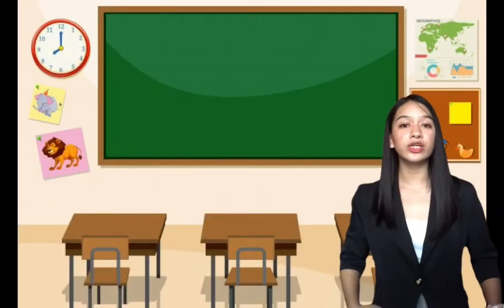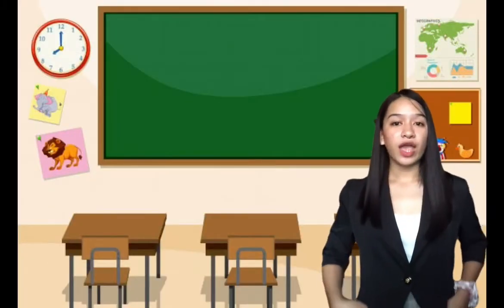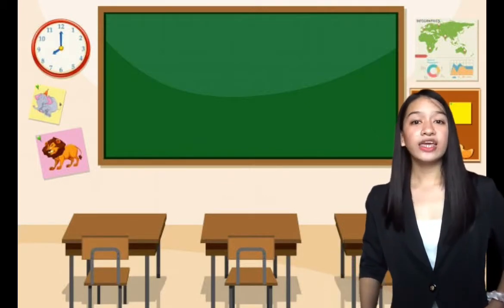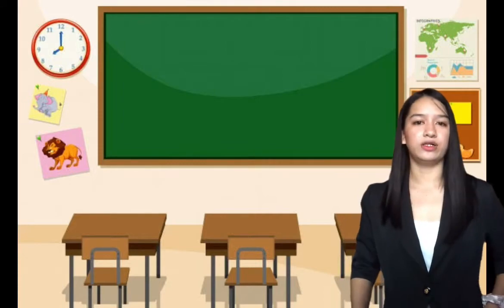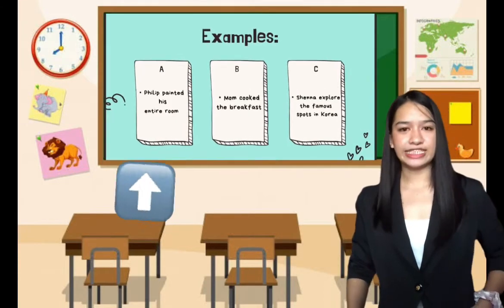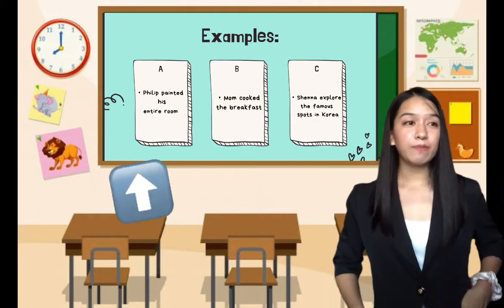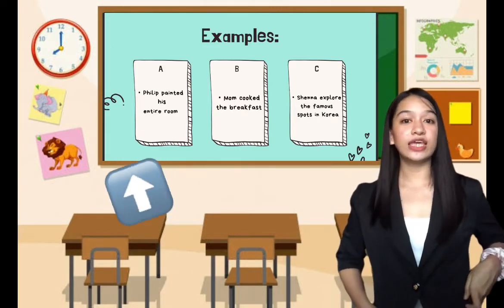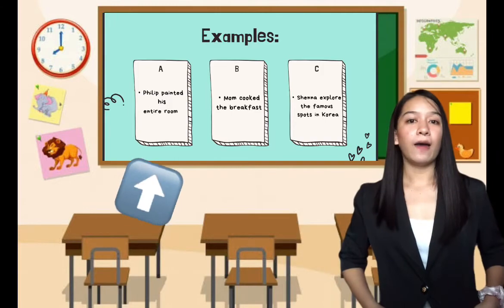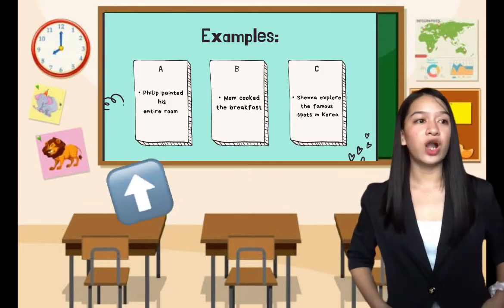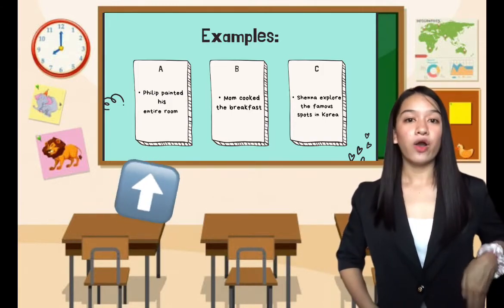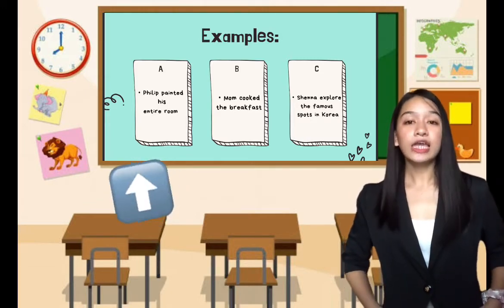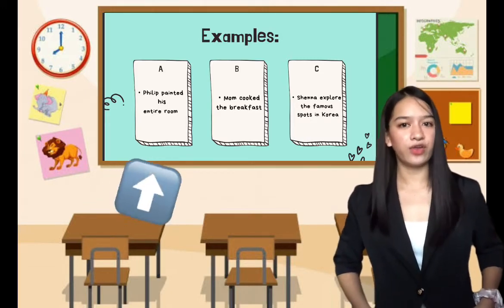For you to understand what is active voice, I have here an example. The first example is: Philip painted his entire room. As you can see in the example, Philip is the doer of the action, which is he painted his entire room.